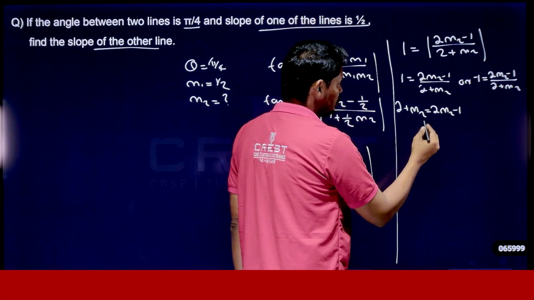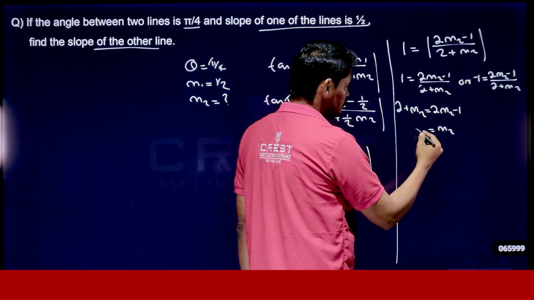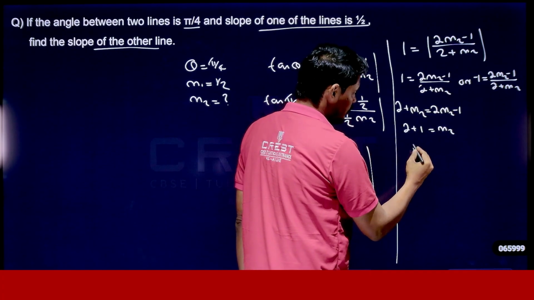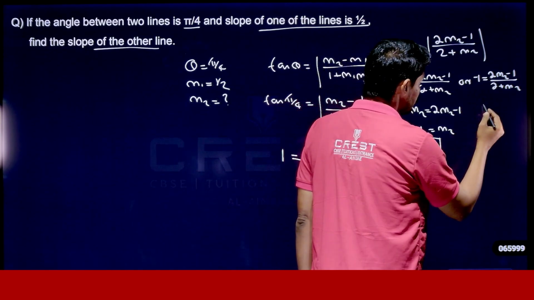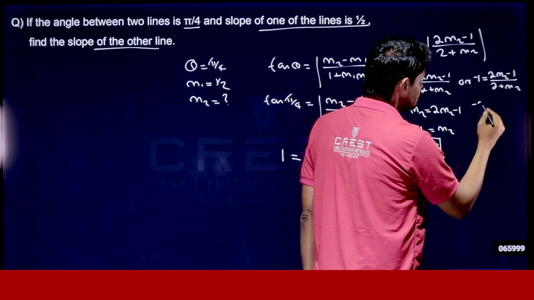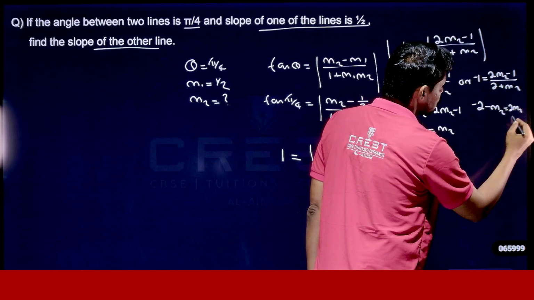From here you can find 2m2 minus m2 is m2, and bringing minus 1 to the other side, 2 plus 1, you get m2 equal to 3. And solving the negative case, you get minus 2 minus m2 equal to 2m2 minus 1.